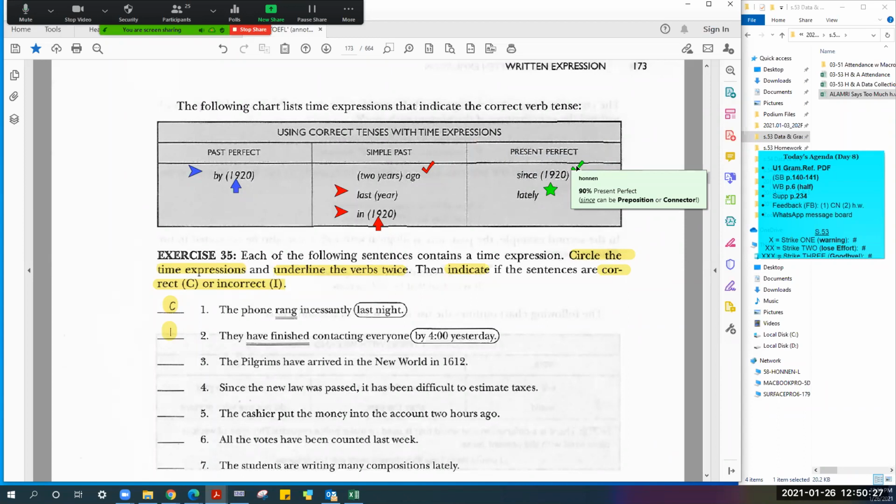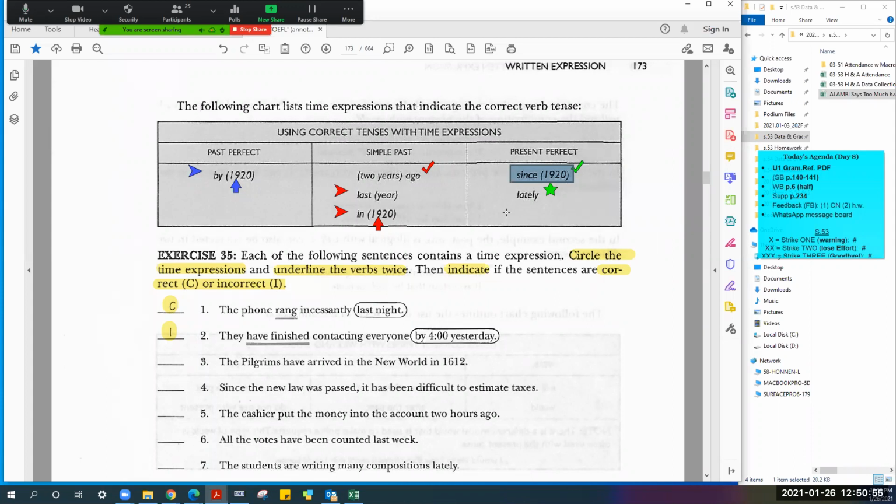That means it will connect. You will join two small sentences with this word sometimes. So it's not always a time expression, okay? But most of the time, 90%.